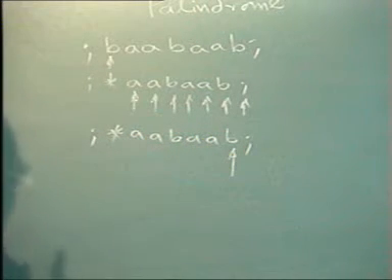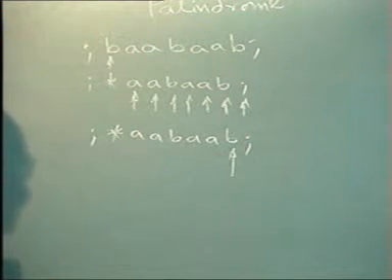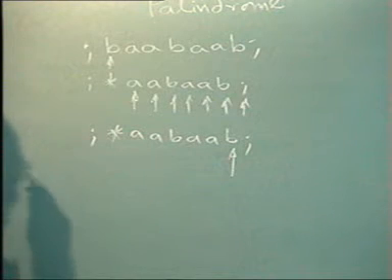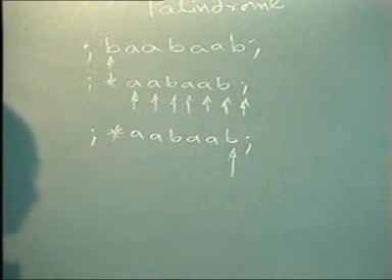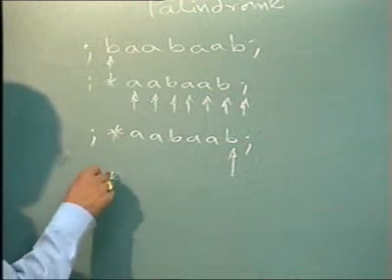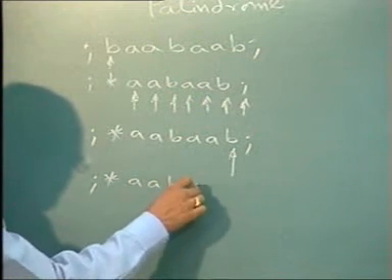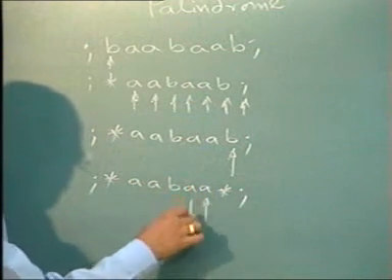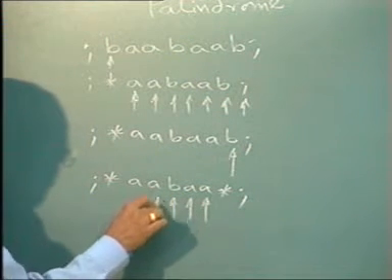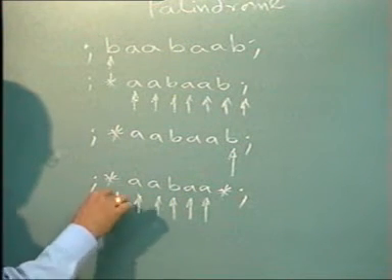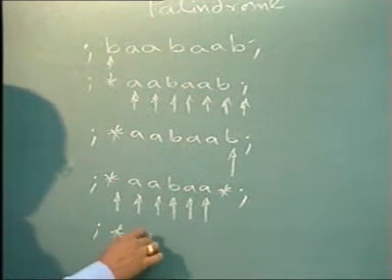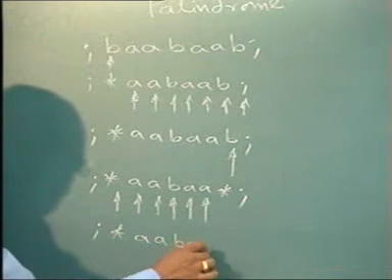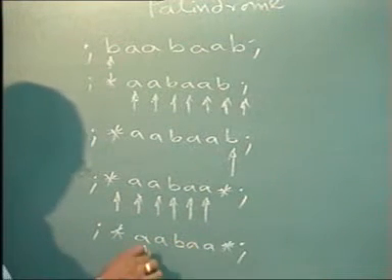But this time I should remember what was the first symbol that I have marked. It was B, so I should be getting B at the end. If it would have been A, then I should be getting A. So it was B. And then keep on moving towards the left till star. When you get star, write it as star and move the head to the right by one position.